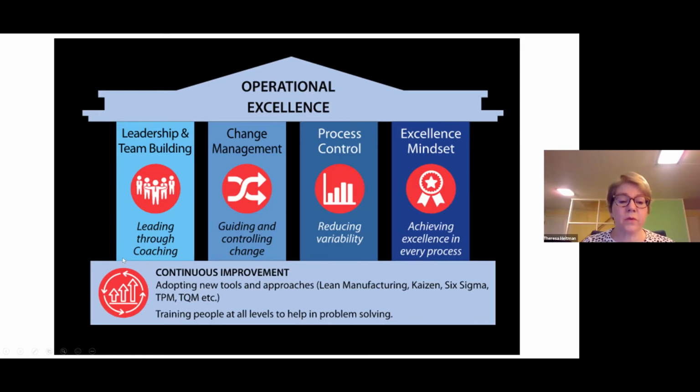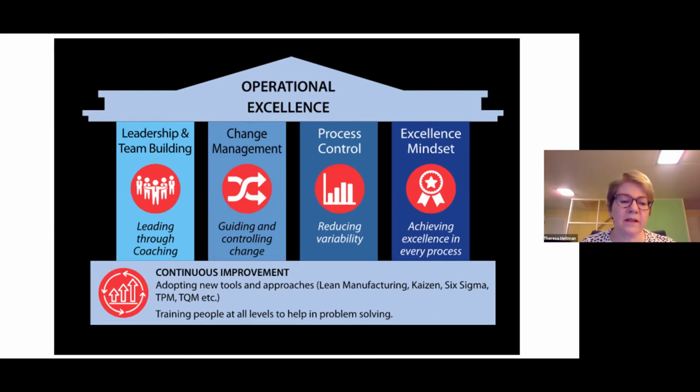In addition to continuous improvement, there are 4 pillars that hold up the roof of operational excellence. And these things are very necessary as well. You can get a good idea of what those pillars are just by looking at this.